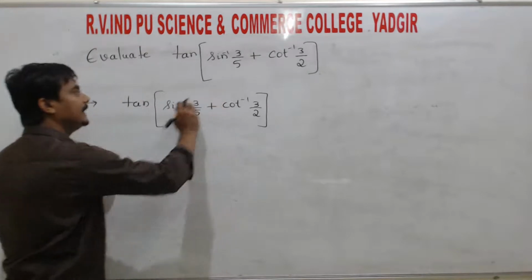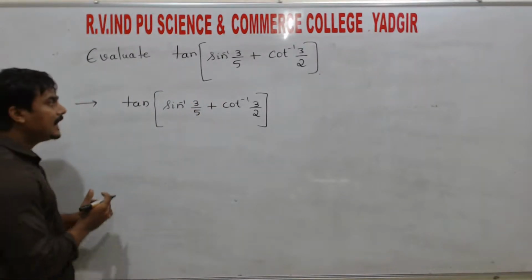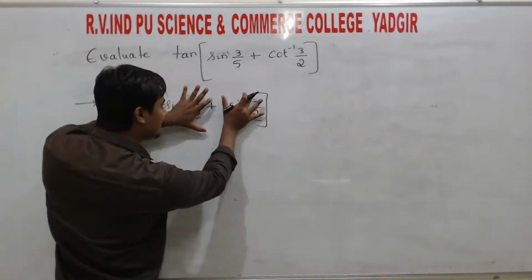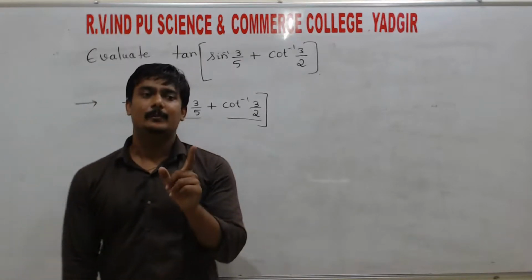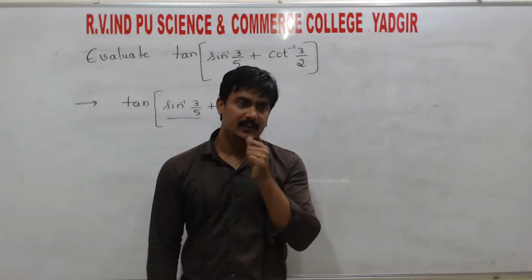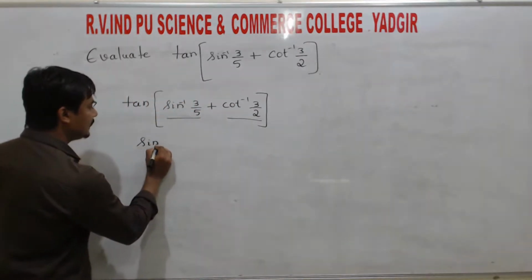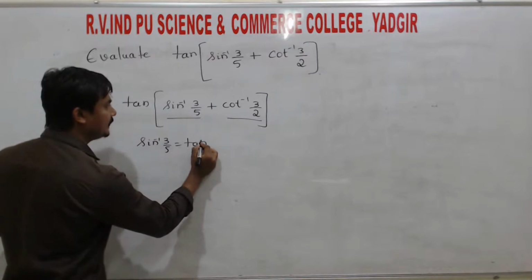Yes, we have taken the expression. So what I will do is, these two inverse trigonometric functions present inside the square bracket, I will express each of them in terms of tan inverse. How to express sin inverse 3 by 5 in terms of tan inverse?